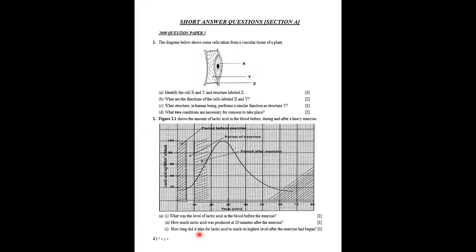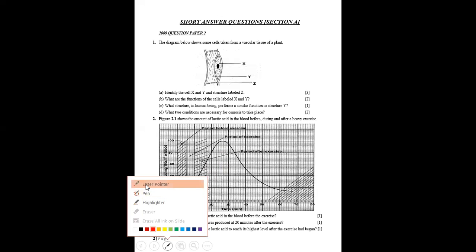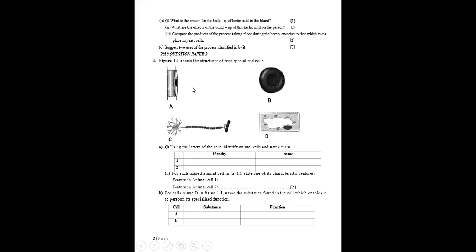Then how long did it take for lactic acid to reach its highest level after the exercise had begun? Its highest level is here. So approximately 26 minutes. Then let's go to the next question.